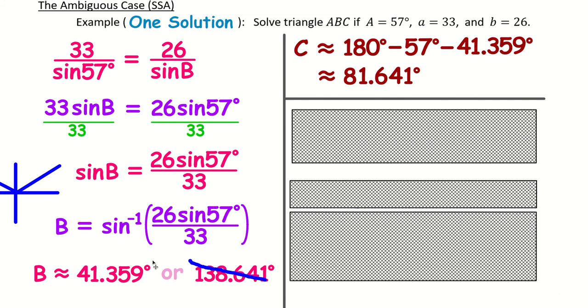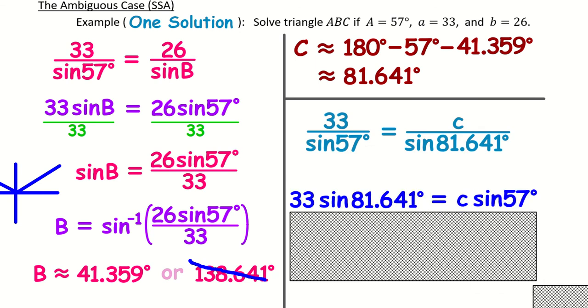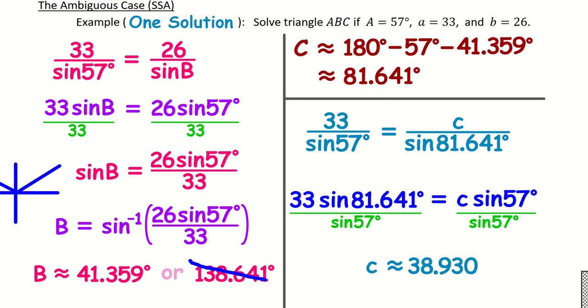Now that we know angle B, we could get angle C. And then now that we know angle C, we can do the same old tricks to get little c. So copy that down.